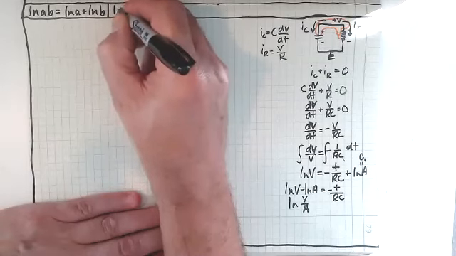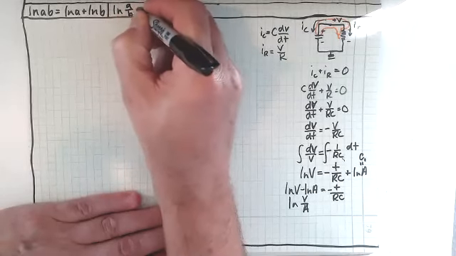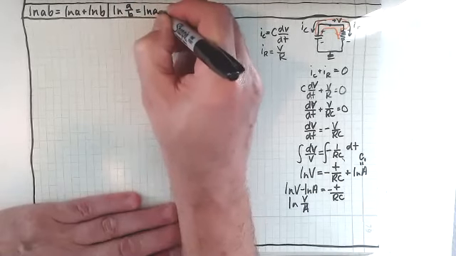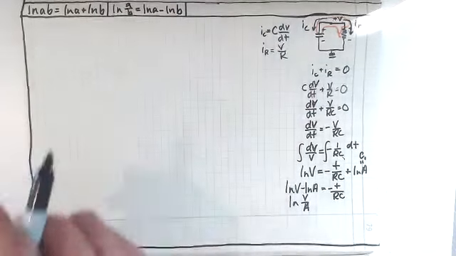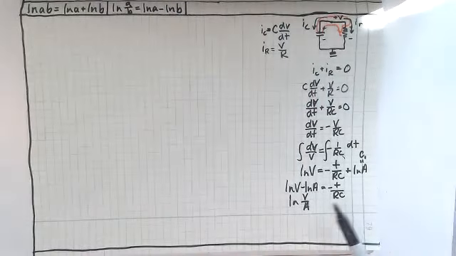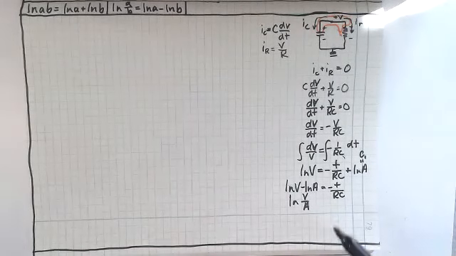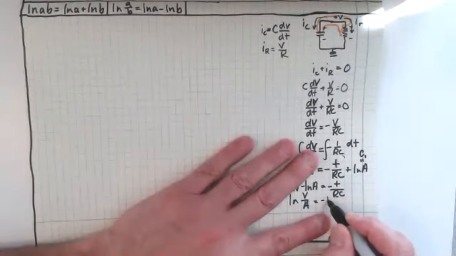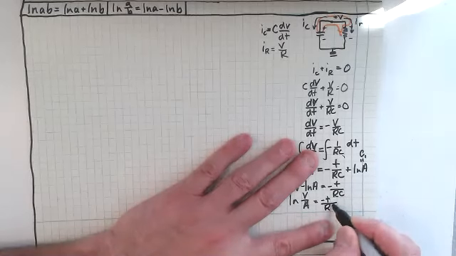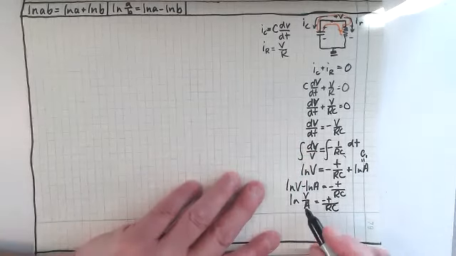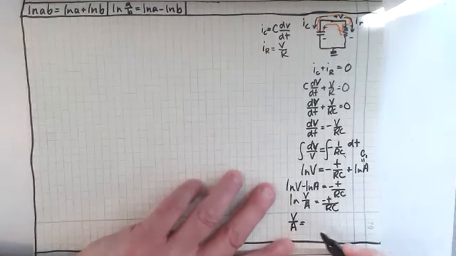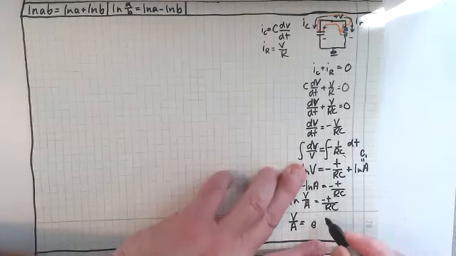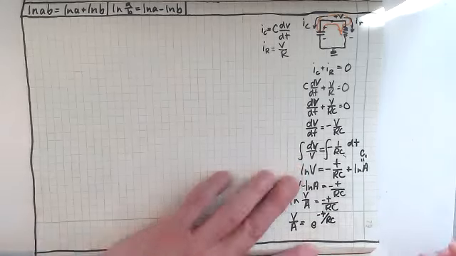And we know that the natural log of a divided by b is just the natural log of a minus the natural log of b. And of course, that's what we're using right here to get the natural log of v over a equals minus t over RC, right? So what we can say then is that v over a is going to be equal to e to the minus t over RC, right?